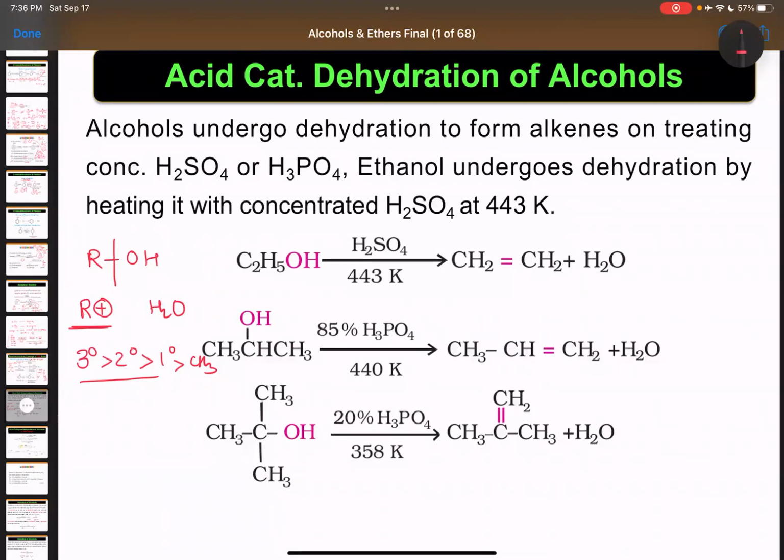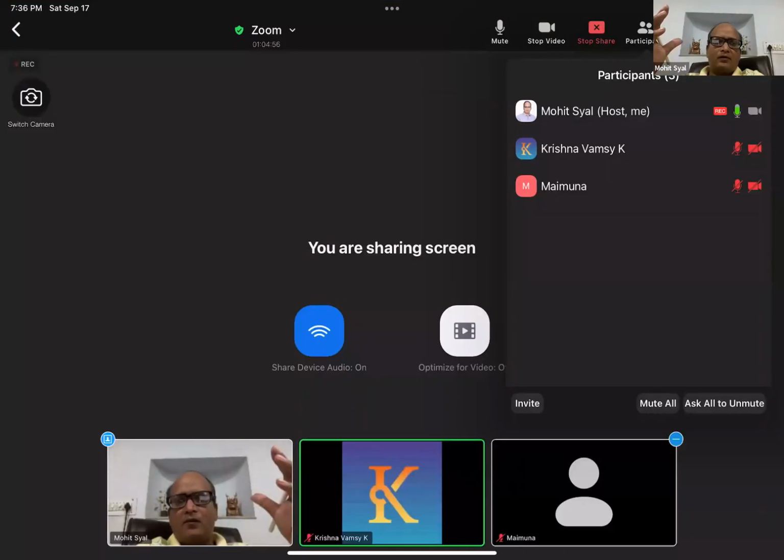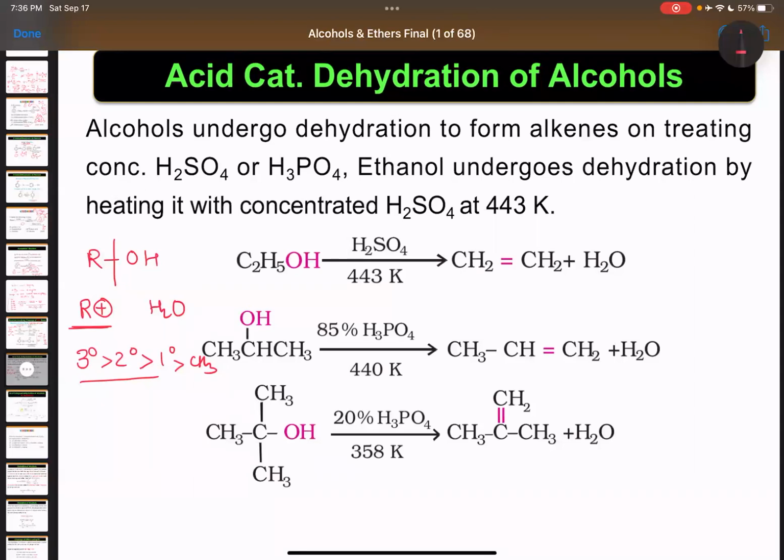So which alcohol is going to undergo dehydration most easily? Tertiary alcohol. And you can check the temperature also. At what temperature does ethanol undergo dehydration with concentrated H2SO4? Yes, 443 Kelvin.